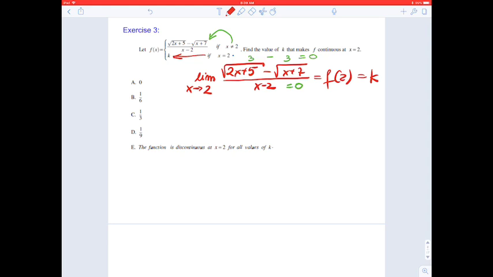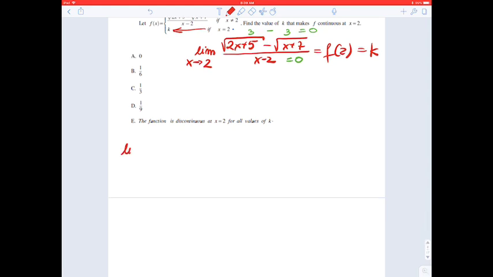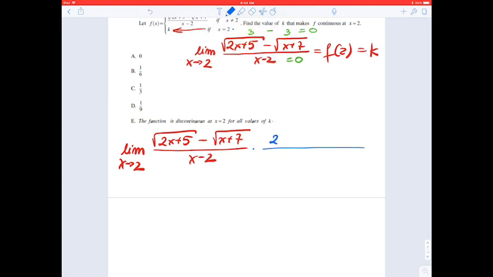I will try to solve the limit on this side: the limit of the square root of 2x plus 5 minus the square root of x plus 7, over x minus 2. We have to simplify the root expression, so we will multiply by the conjugate, the same quantity but with the opposite sign.